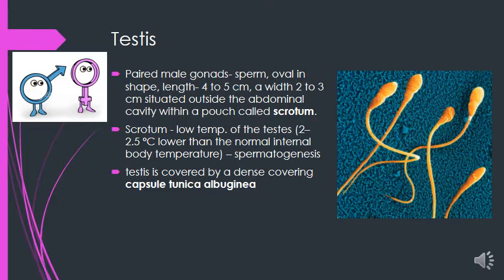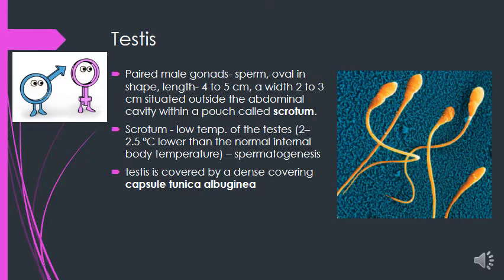And the scrotum has a very low temperature in comparison to the normal internal body temperature, that is 2 to 2.5 degrees Celsius. And why is it so? Because it is very important for the formation of sperm, or we can say the process of spermatogenesis.